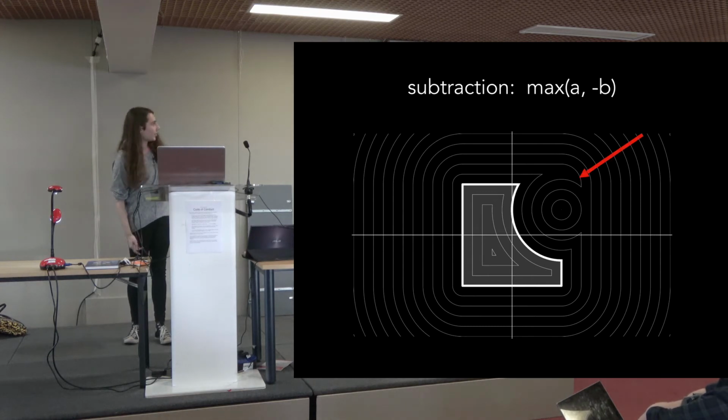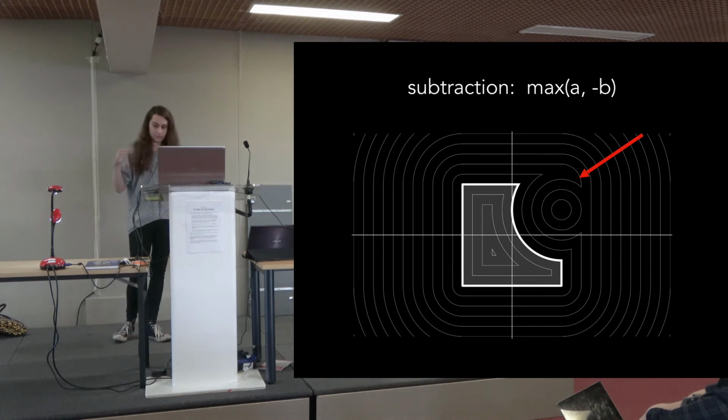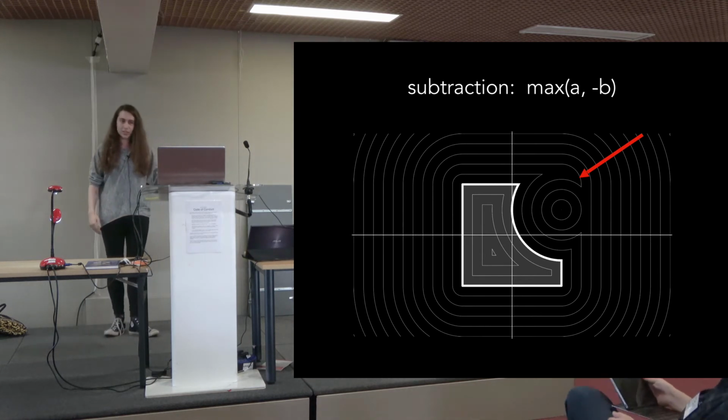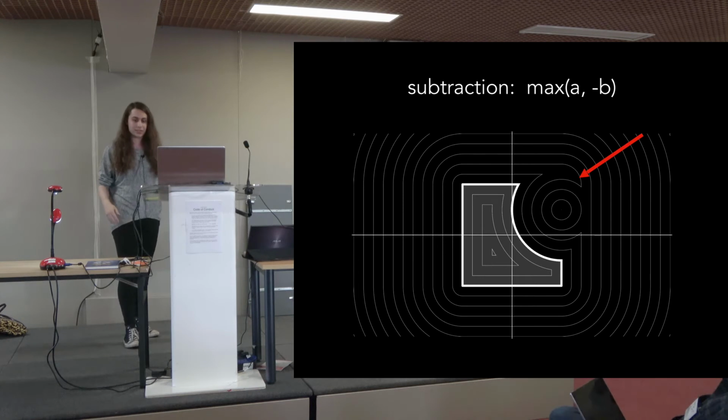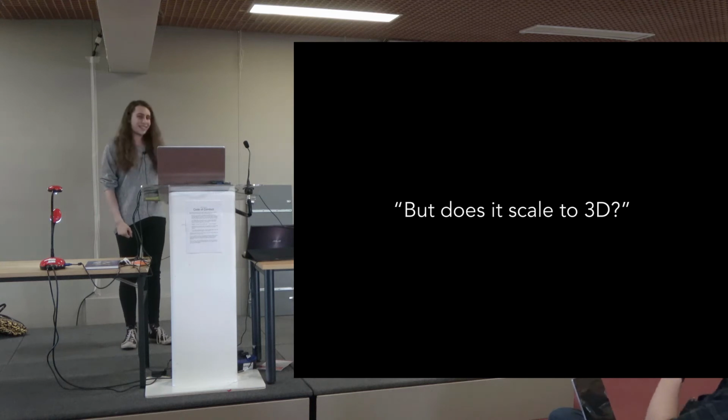And you're looking at that, and you're thinking, what the hell is going on with those lines over there? It's a little bit broken. It's not perfect. You won't get accurate values from doing these kind of constructive operations. But when you're doing that kind of ray marching technique, it'll still work. It'll slow down around those areas because the values aren't quite right, but it won't overestimate the distance at any point. But does it scale to 3D?